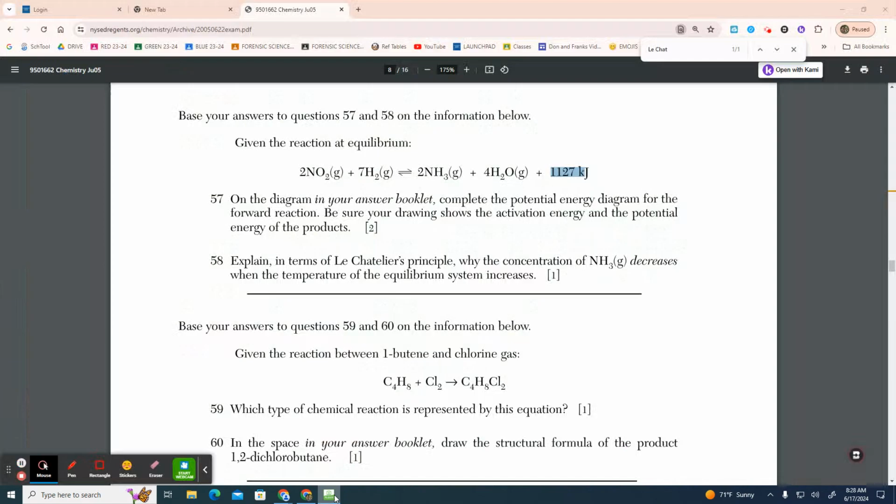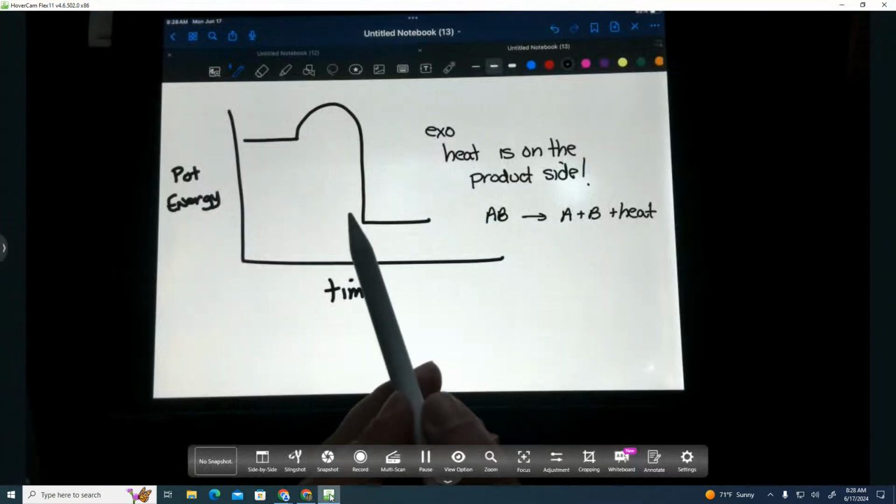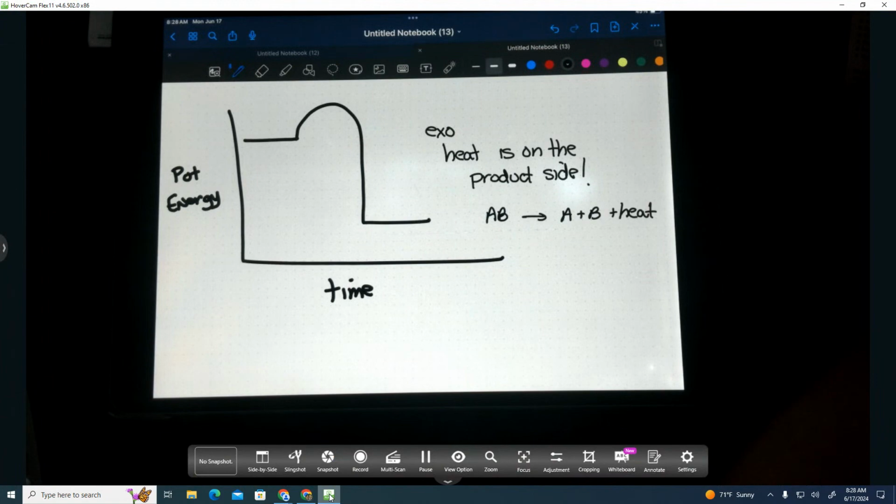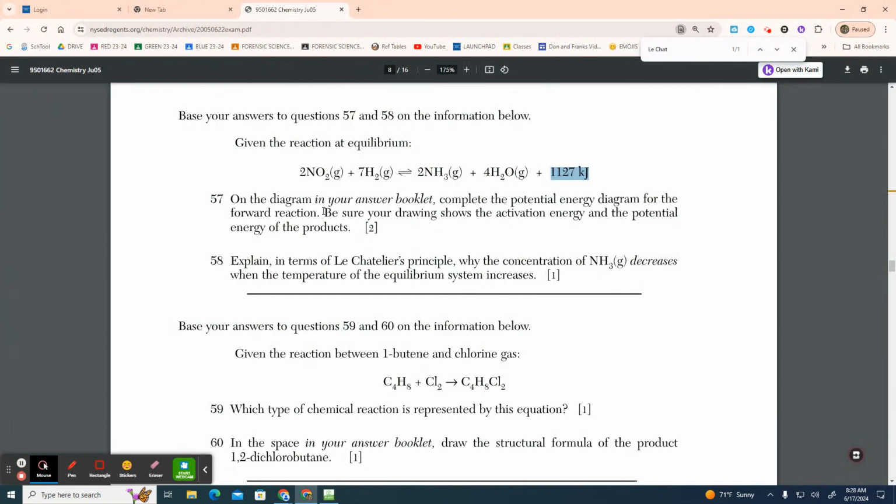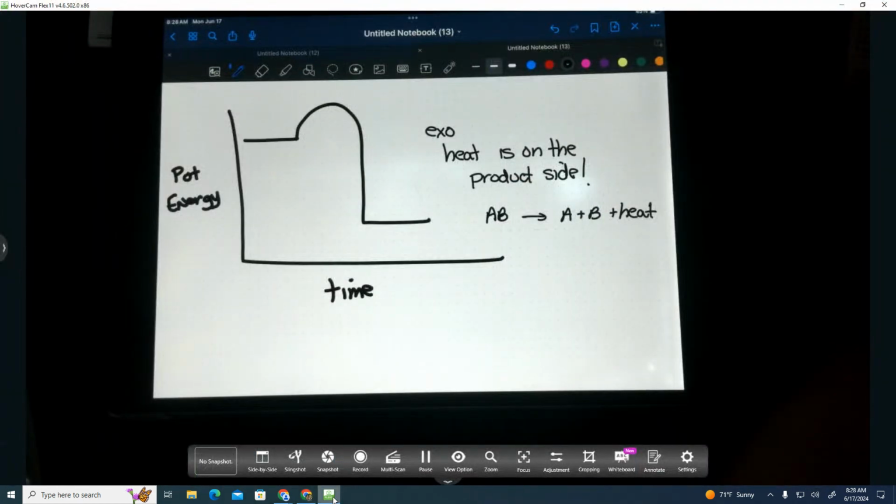All right. This one that we were just looking at, the heat, which is right here, is on the product side. So because it's on the product side, the graph is exothermic. Then it says, be sure your drawing shows the activation energy and the potential energy of the products. Where is the activation energy on this graph?